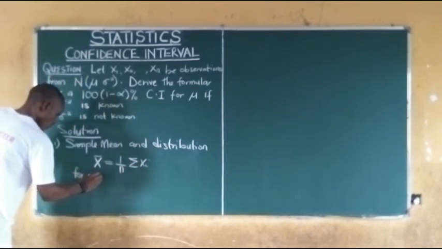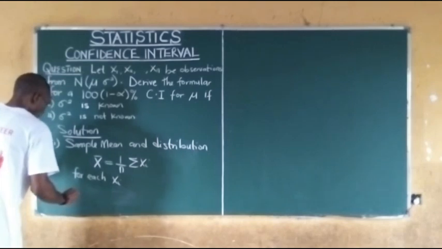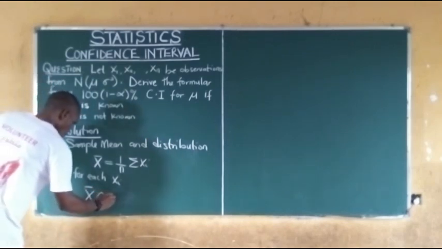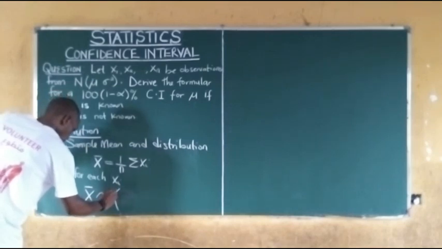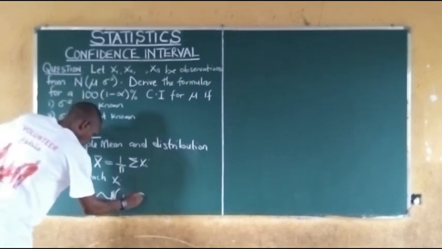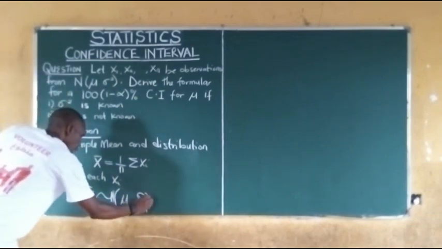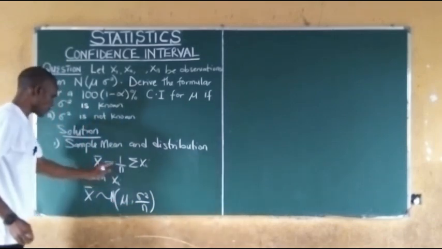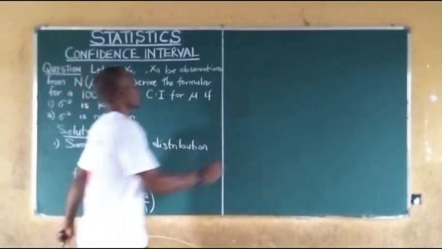For each xi, we will have that x bar follows a normal distribution of mu and sigma squared over n. So this x bar follows a normal distribution of mean mu and variance sigma squared over n.